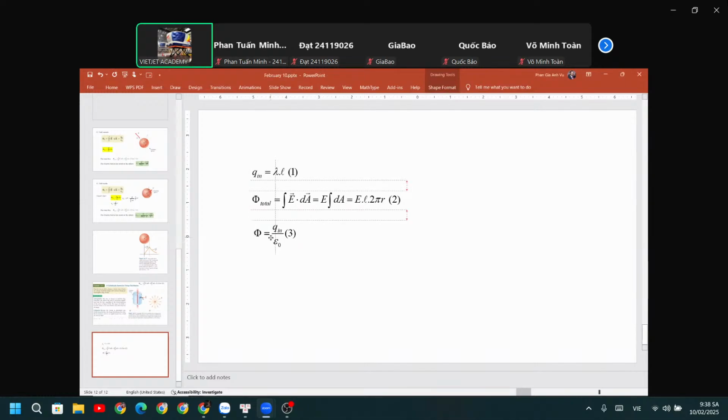Then from equations 1, 2, and 3, you can easily get E. What is E now?